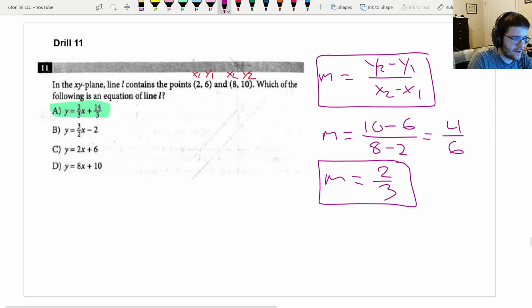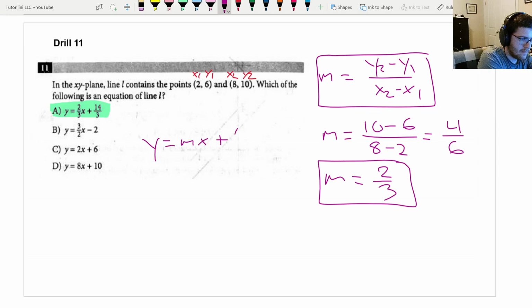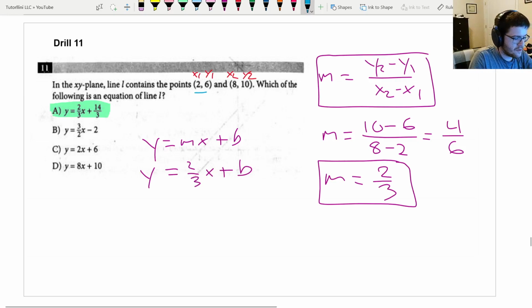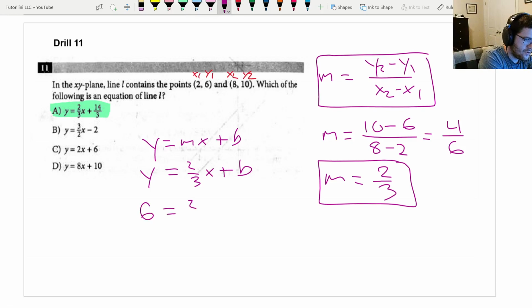Why don't we go over how to do the rest of the equation? We already did point slope, so why don't we use the slope-intercept equation? So y equals mx plus b. Y equals 2/3 x plus b. Now, why don't we use the smaller point, 2, 6? I don't know, just for the sake of convenience. 6 equals 2/3 times 2 plus b.